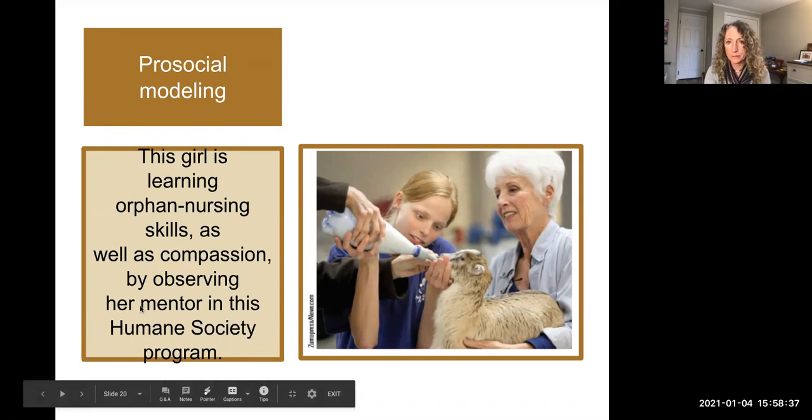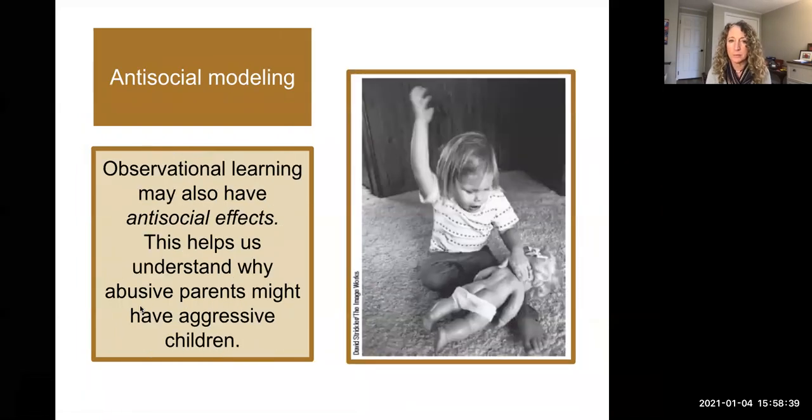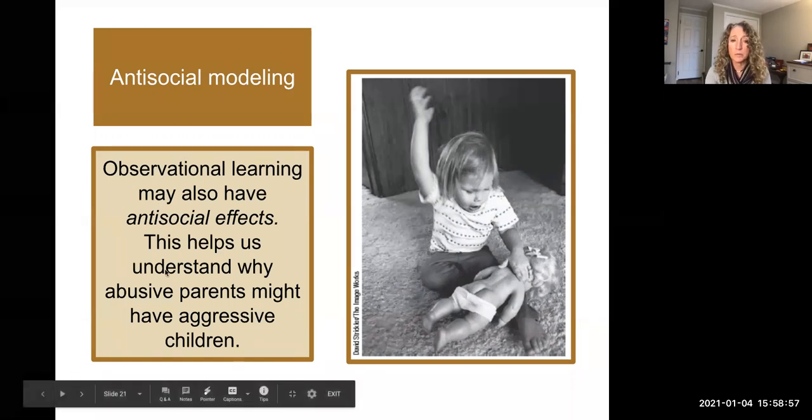And you guessed it, there is the opposite. There's something called antisocial modeling, where you watch a model being negative, aggressive, or violent and imitate it, and it can have negative effects. This helps explain why abusive parents might have aggressive children.